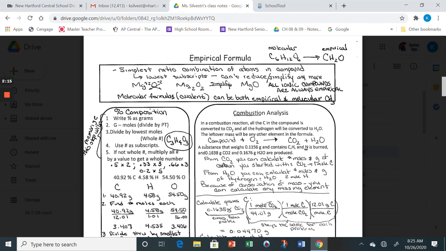So it exists in nature as C6H12O6, but its empirical formula is CH2O. That's the difference. Molecular is how it actually exists in nature. Empirical is its simplest form in ratio of mass, of how many carbons, how many hydrogens, and how many oxygens. What would be the molar ratio of those if you look at mass-wise?